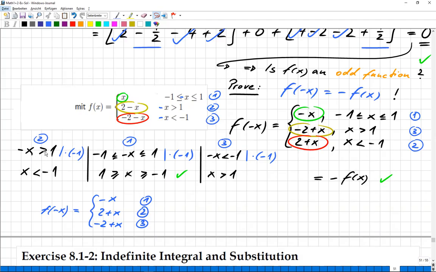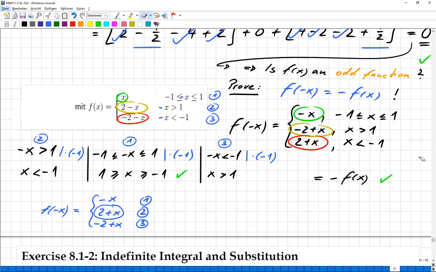So if negative x is greater than 1, I get x is lower than negative 1. And that's why the term which I constructed here must be placed into interval number 3, which we defined to be the left side interval. Here I wrote 1, 3, 2, I just leave it away.